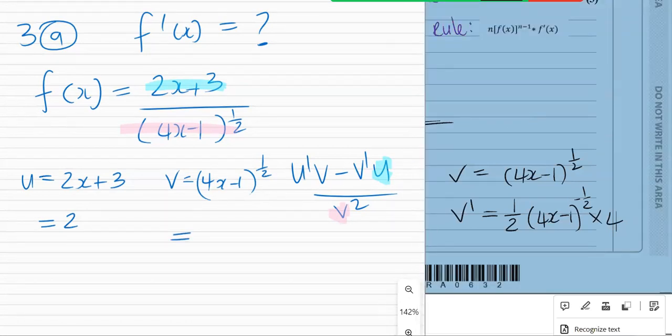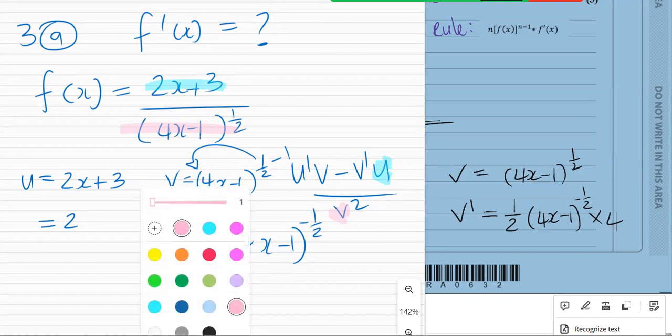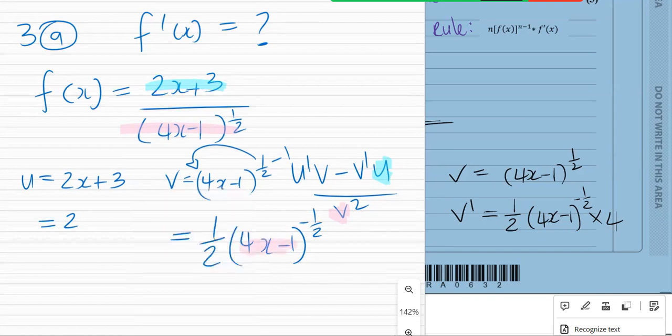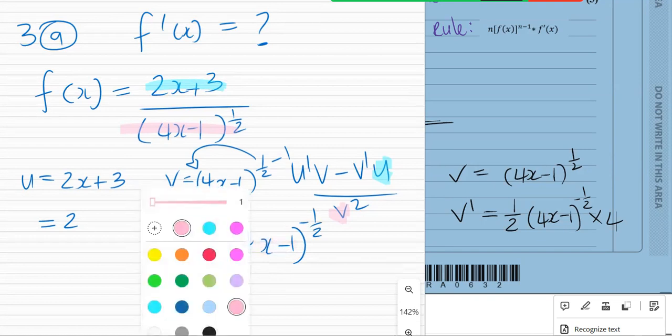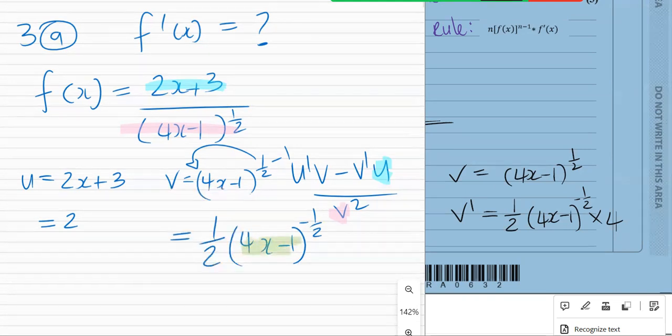If we use the chain rule, remember we're differentiating, so you first bring the power down and then minus 1. Order matters. So it'd be a half times everything inside that bracket stays the same. Minus 1 gives you minus a half. Then because you're doing the chain rule, you still have to multiply by the first derivative of inside the bracket.